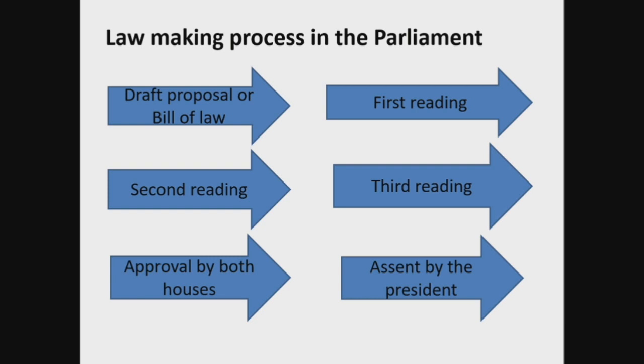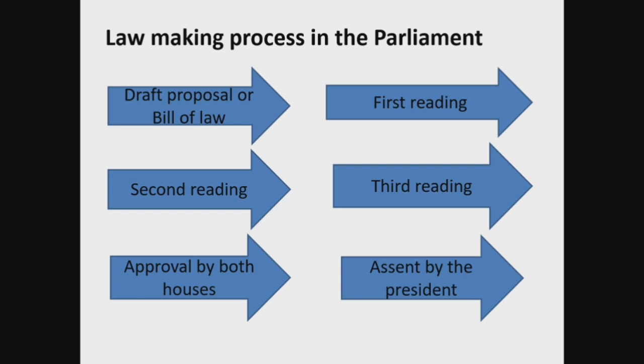First, a rough draft of the law is prepared. This draft or outline is known as draft proposal of the law or bill of law. So initially, this bill of law is prepared. There are two types of bills that are primarily introduced in the House of the Parliament.